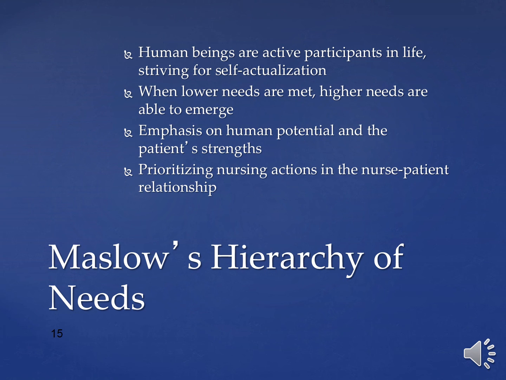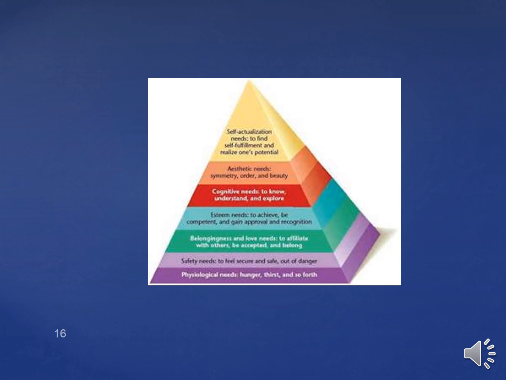I also want to remind you before you start working with your patients that lower needs must be met before people can address higher needs. We want to emphasize the human potential and patients' strengths, and we want to use Maslow to prioritize our nursing actions. So let's look one more time at Maslow's hierarchy.